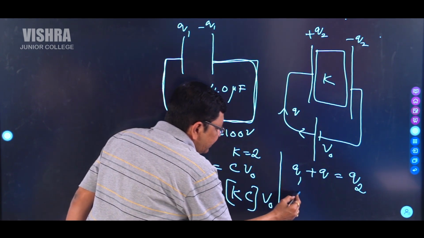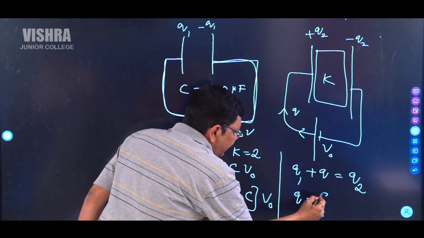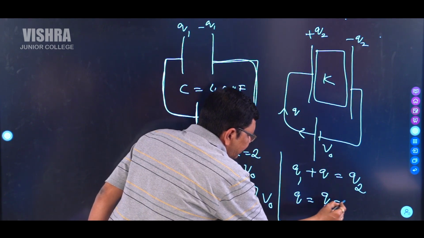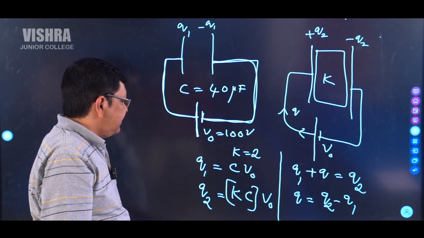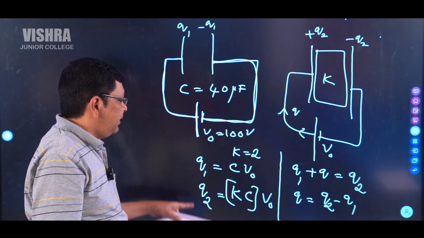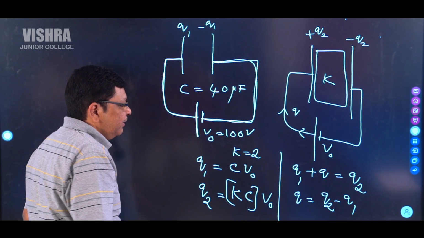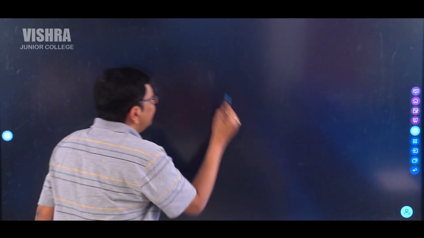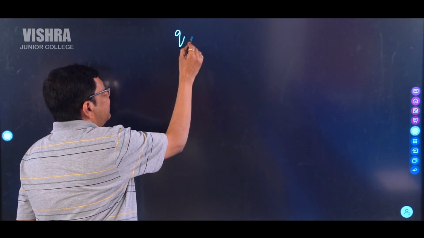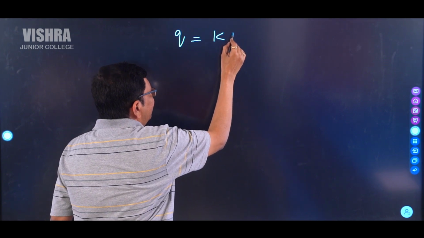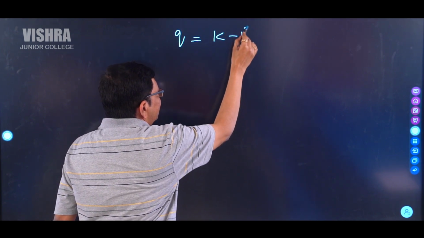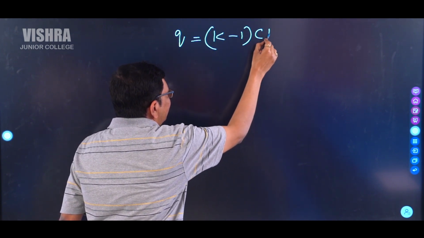From this, the extra charge sent by the battery is the final charge on the capacitor minus the initial charge. The final charge is K times CV0, the initial is CV0. Hence the extra charge sent by the battery is K CV0 minus CV0, that is (K minus 1) multiplied by CV0.